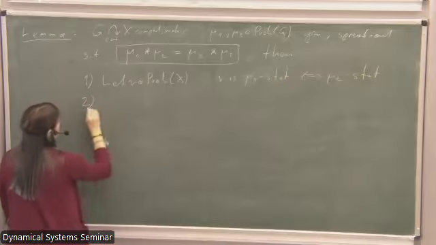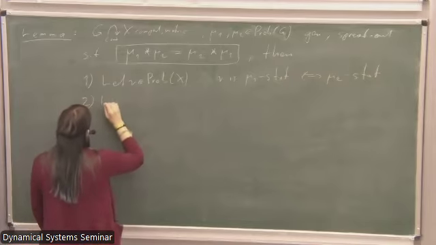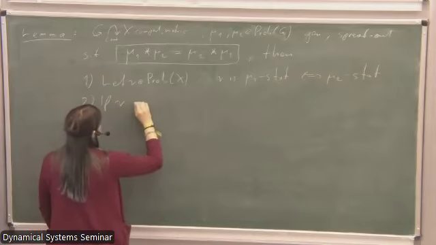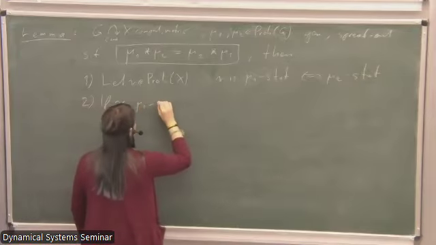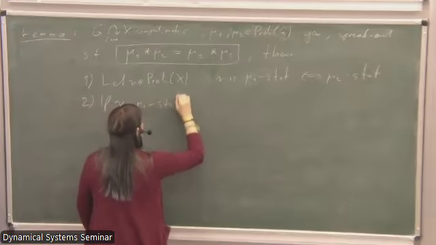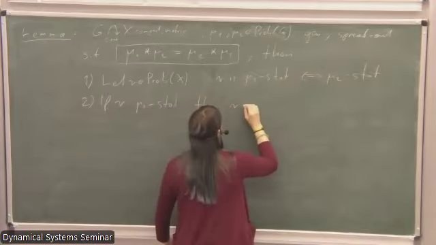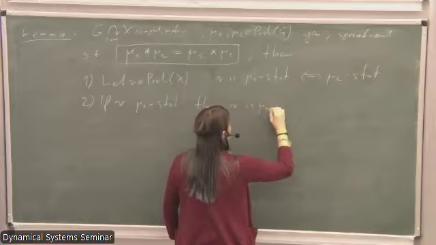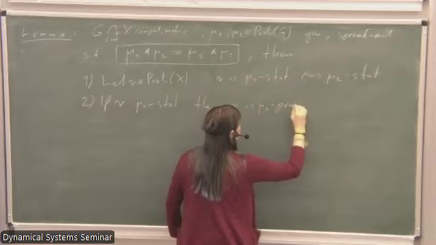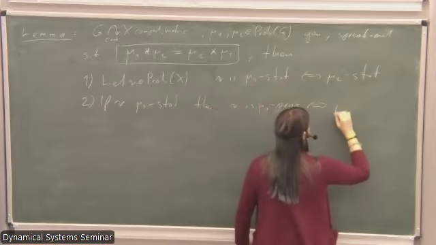Second, if nu is mu1 stationary, equivalently mu2 stationary, then we have that nu is mu1 proximal if and only if it's mu2 proximal.